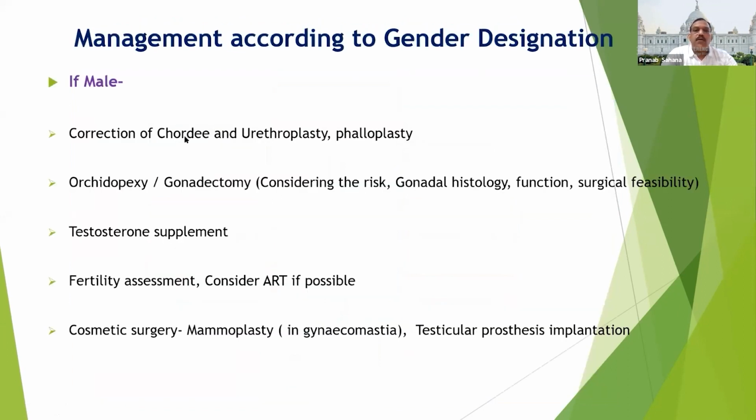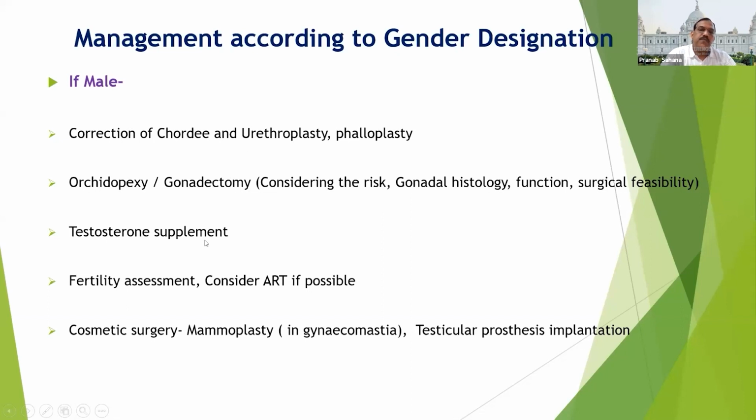So for management of 46 XY DSD, if male sex is designated or assigned, then correction of bodily appearance, and then urethroplasty if there is hypospadias, or phalloplasty if there is micropenis. Orchidopexy can be done at the proper time, or gonadectomy if there is high risk of gonadal germ cell tumor.